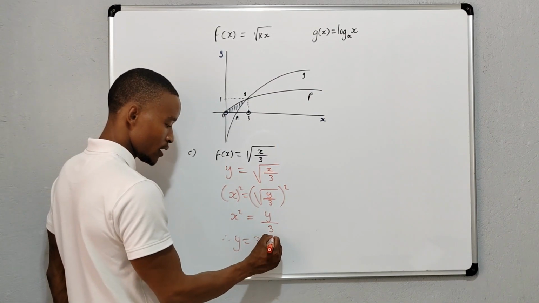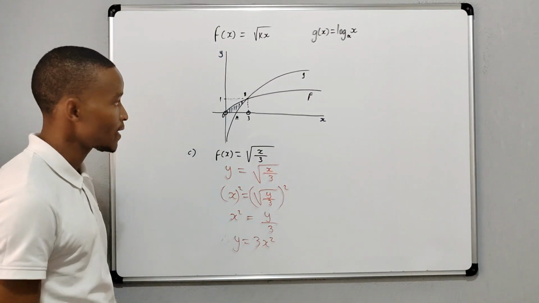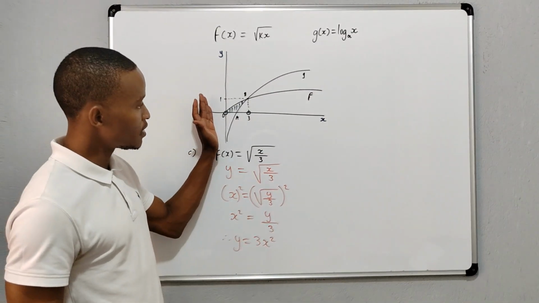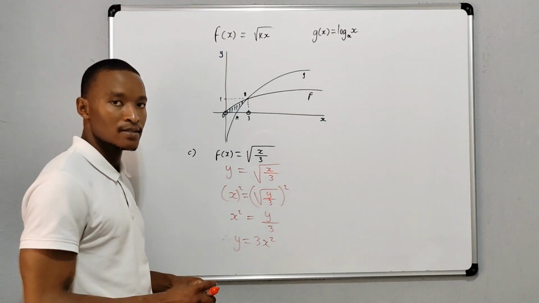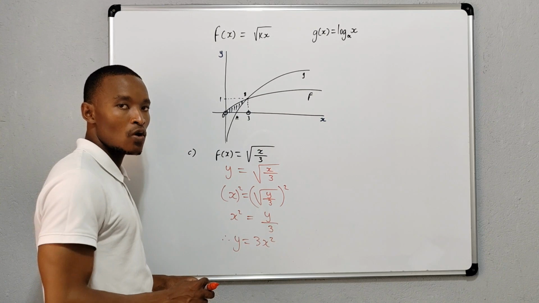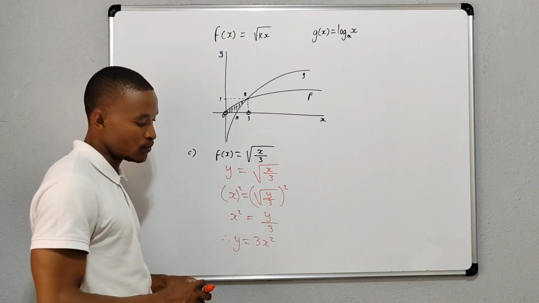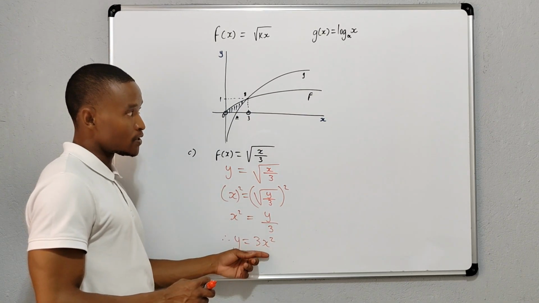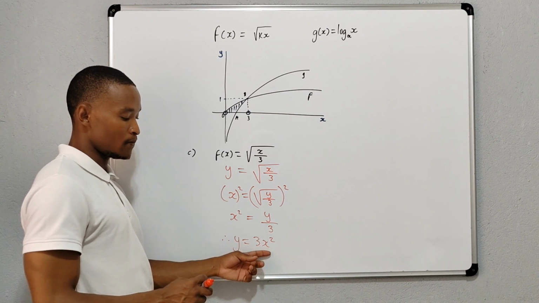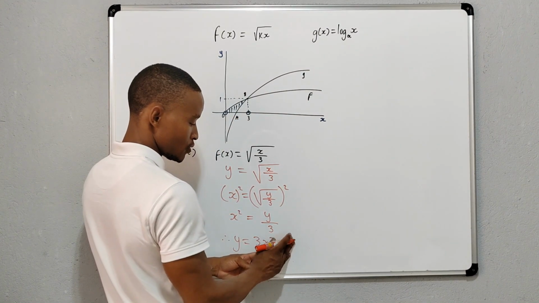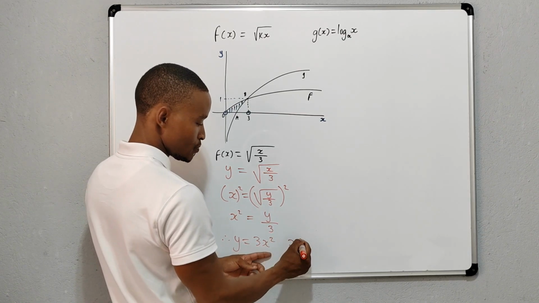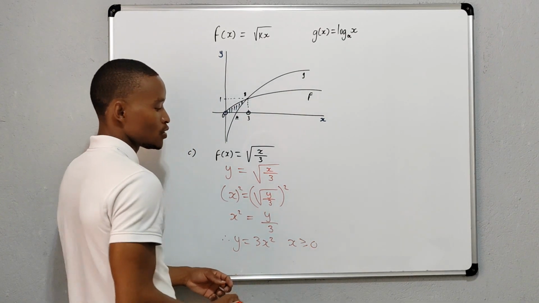and therefore y is equal to 3x squared. We can see that the domain for f is x equal to or greater than 0. So the inverse of f is a parabola, but it needs to adhere to this. So x must be greater than or equal to 0.